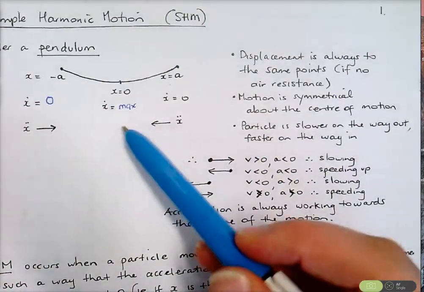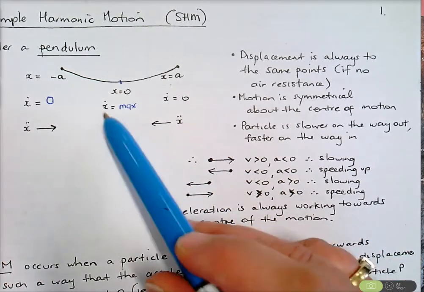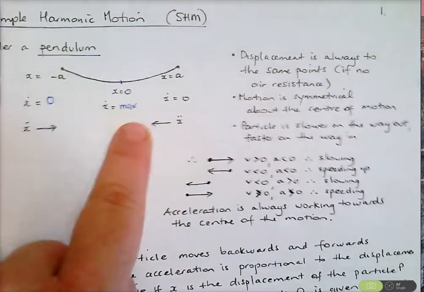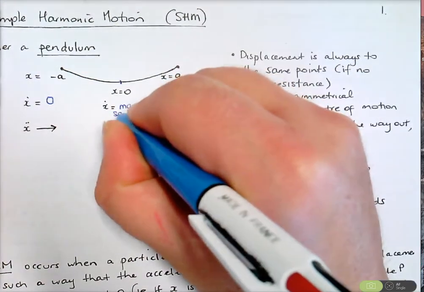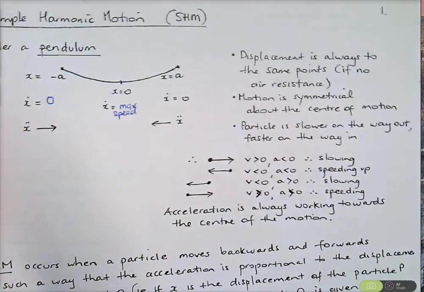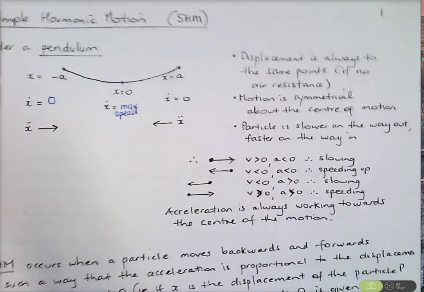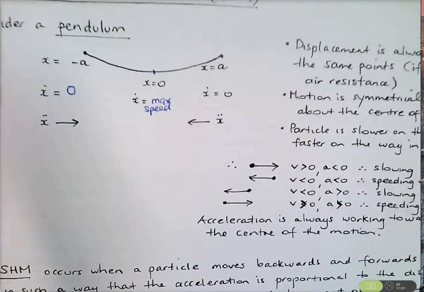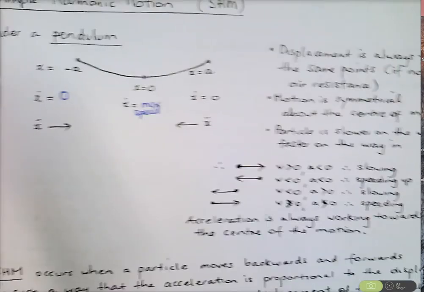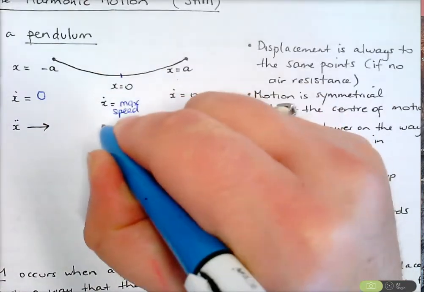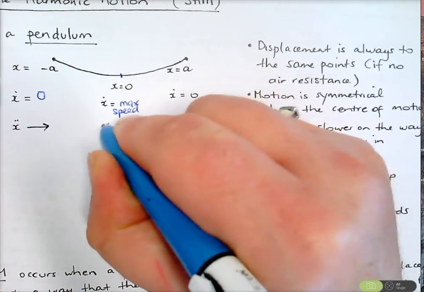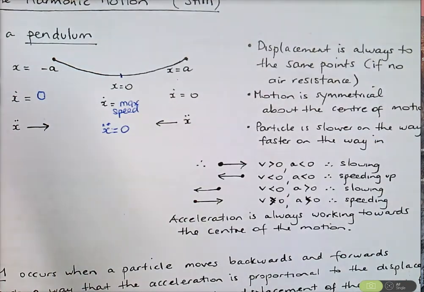The velocity is the fastest in the middle, maximum speed. I'm just going to put maximum speed in the middle. Makes sense? Maximum speed in the middle, so copy those. Consider a pendulum, etc. Oh, and can we put that acceleration is 0 in the middle? Right.